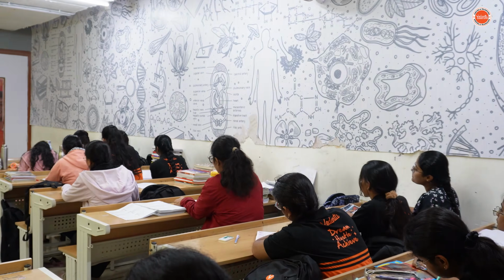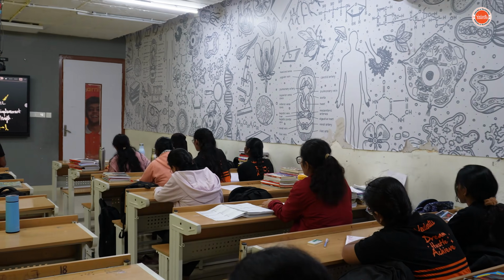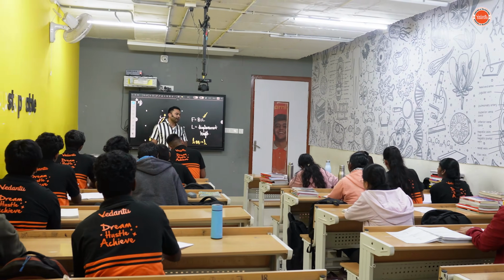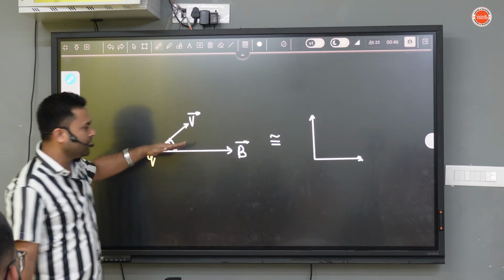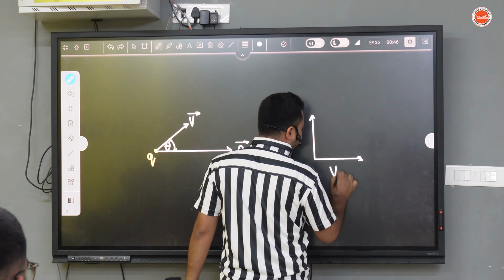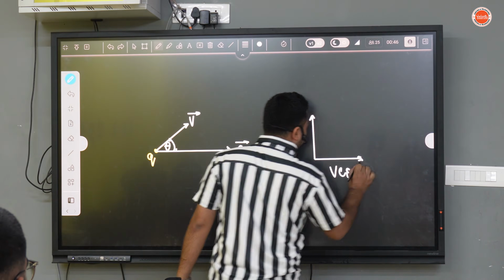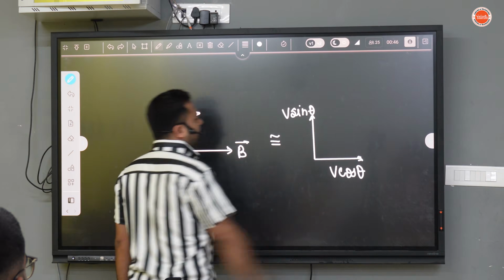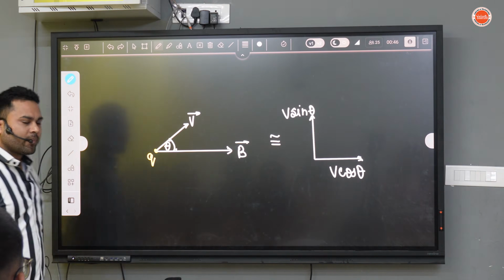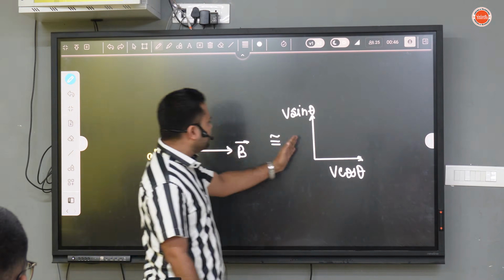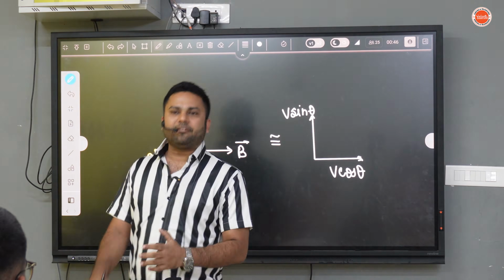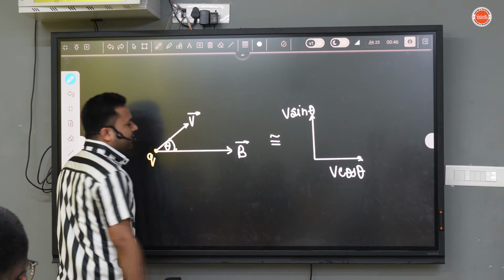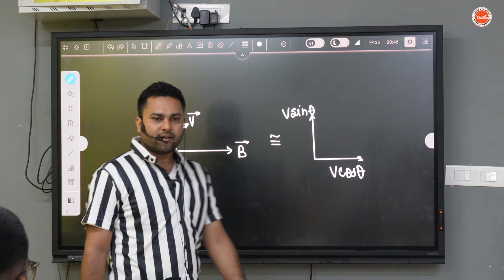What I told in the basics, you rotate the velocity vector across this angle theta, which component? Cos theta. So this will be v cos theta, and this component will be v sin theta. Correct? Clear? Now we can see that v cos theta is in the direction of magnetic field. Correct?